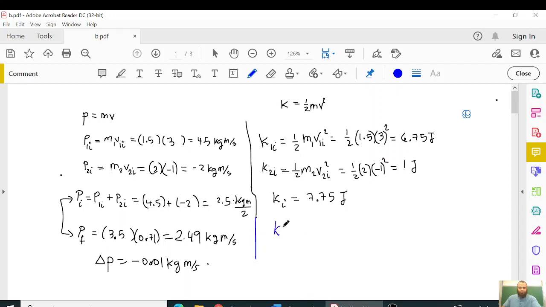K final will be 1/2 mv squared. They get stuck together, so they're moving as one unit, and the total mass is 3.5, m1 plus m2.